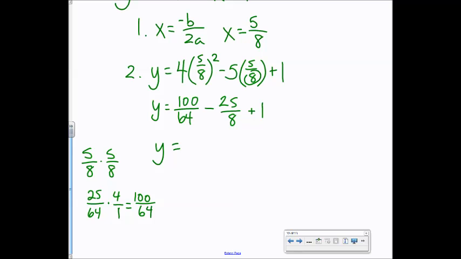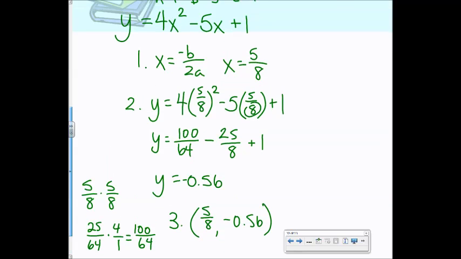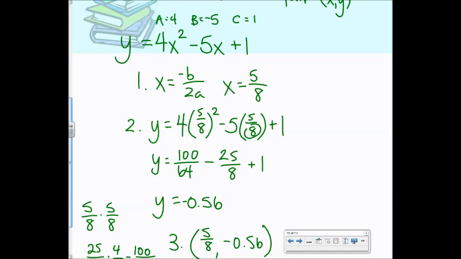All right, so then my last step is just to write my x value and my y value, and there's my vertex. But again, most of them that I give you will be whole numbers. So the process is exactly the same. You plug it into this formula to get your x, then you take your x and plug it into your actual quadratic, and that's your y. And then there's your ordered pair. That's all going to be posted.